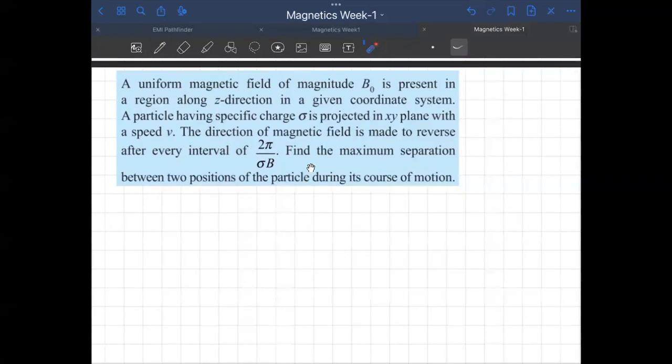Read the question carefully. Where will we make mistakes? In reading the question properly.